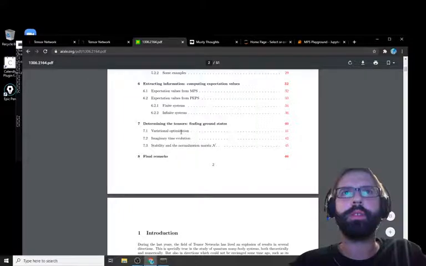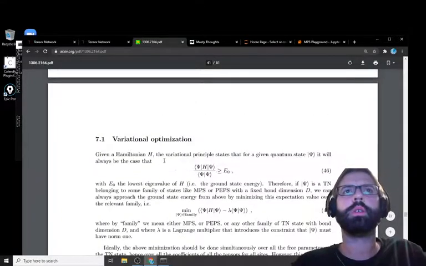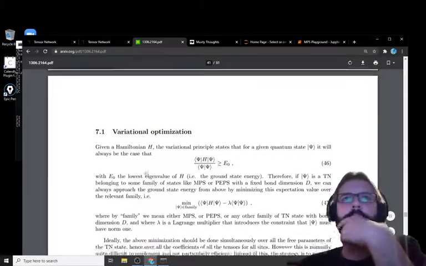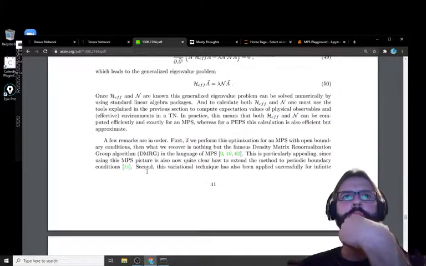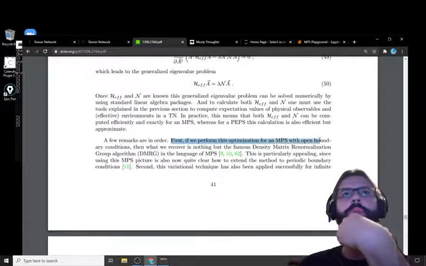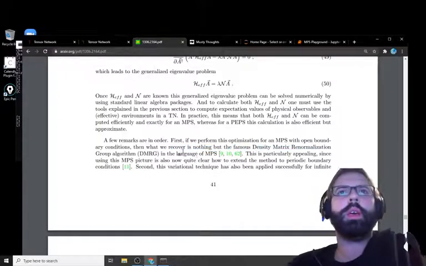Finding ground states, variational optimization, and maybe it's explained here. That's variational optimization, but it's not the DMRG. No, a few remarks are in there. First, if we perform this optimization for an MPS with open boundary conditions, then what we recover is nothing but the famous density matrix renormalization group algorithm in the language of MPS.